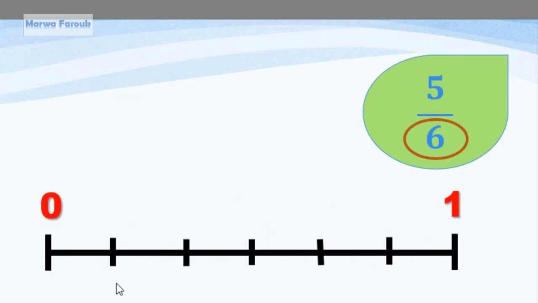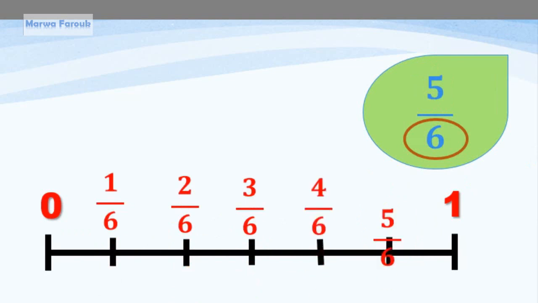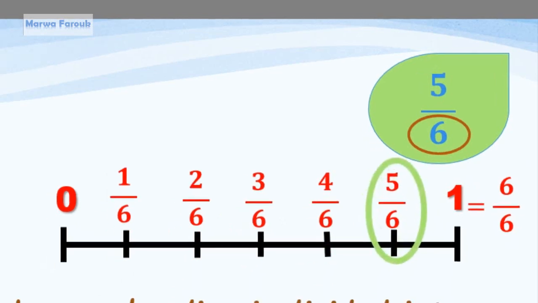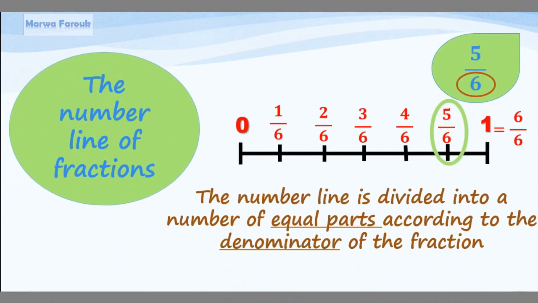Let's see that. Here we have the first mark. It's 1/6, 2/6, 3/6, 4/6, and 5/6, and the last one is 6/6, which equals the whole one, and our fraction is 5/6.